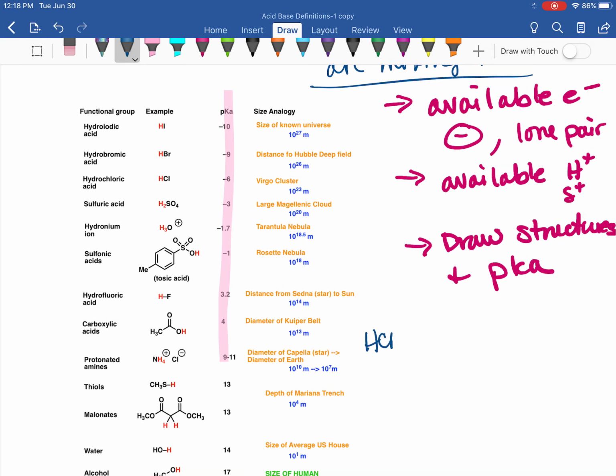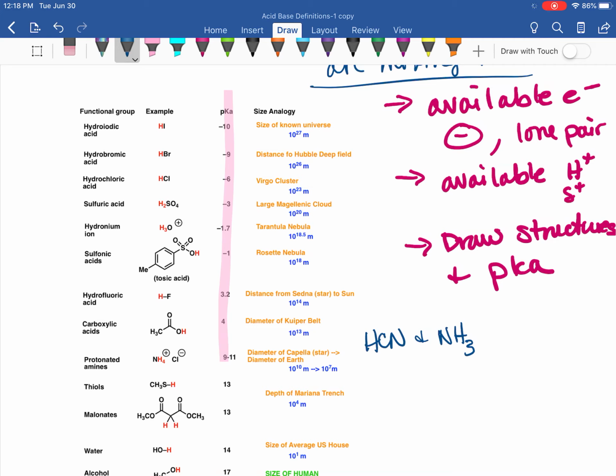So let's say I take something like HCN and ammonia. Both of these are not technically on our strong list. So if you had a good Chem 2, you took strong acids and strong bases and set them aside.